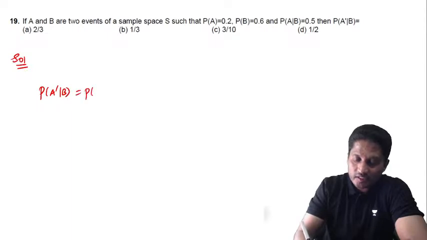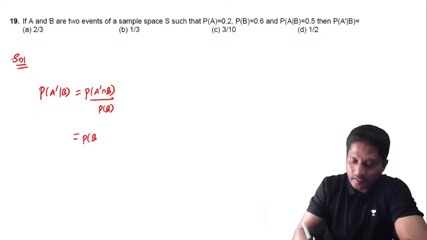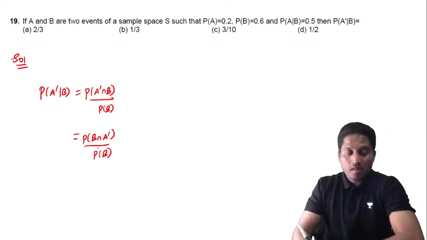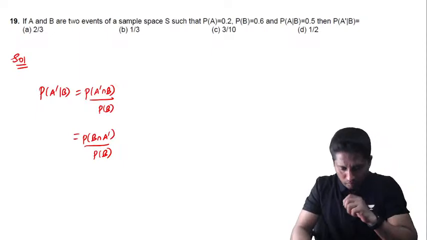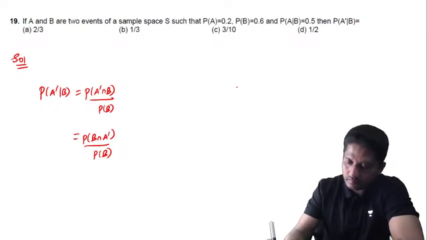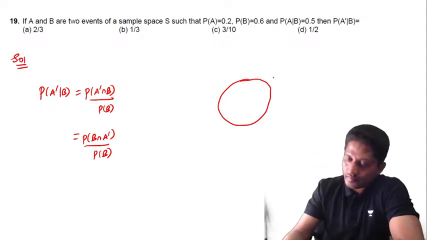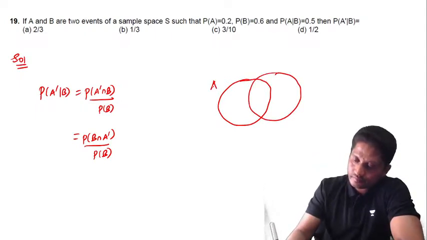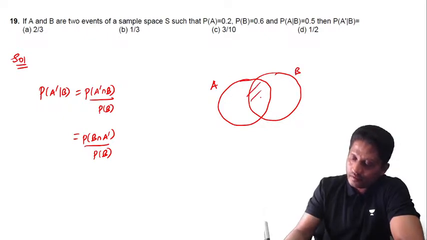This is P of A dash intersection B divided by P of B. This is same as B intersection A dash divided by P of B. This will be A. This is B. This fellow is A intersection B. This is A but not B. This is B but not A.